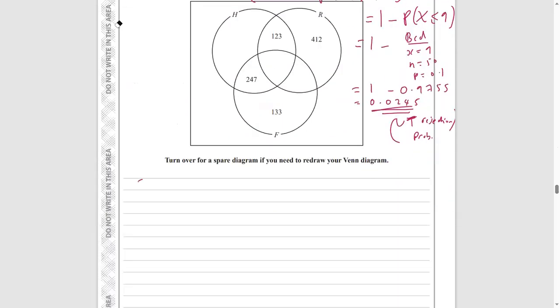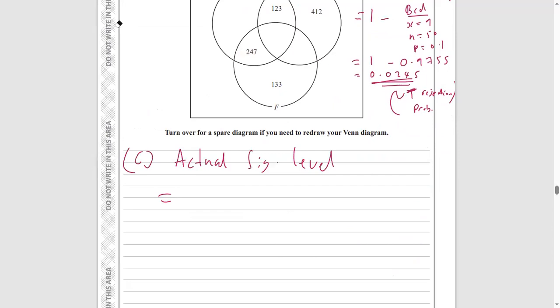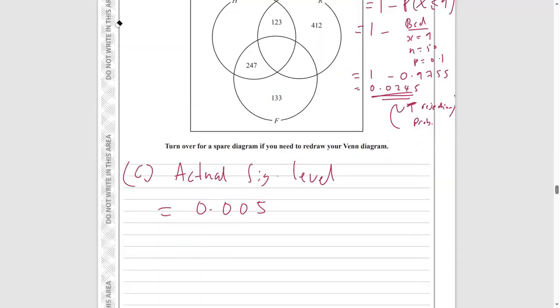So with part C, I'll write part C down here. I'm skipping to the next question, question 5. The actual significance level is equal to the probability of rejection in the lower end, 0.00515, plus the probability of rejection in the upper side, so the significance level that we actually have in the upper side is 0.0245.